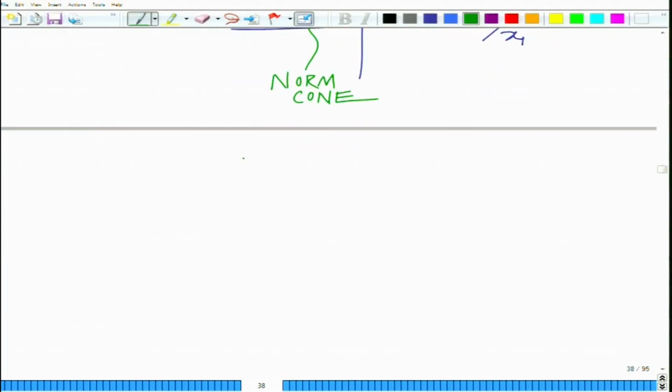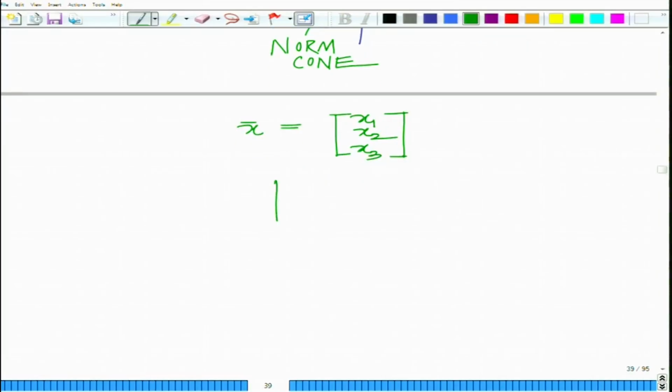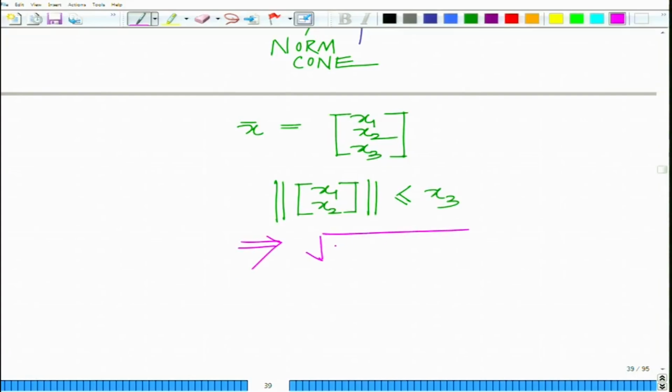Similarly, you can look at this for a three-dimensional scenario, that is you have x bar equals x1, x2, x3, and you consider the set of all points such that the norm of the first two coordinates, x1, x2, is less than or equal to x3, which basically implies that square root of x1 square plus x2 square is less than or equal to x3.